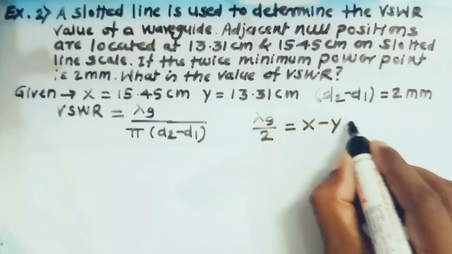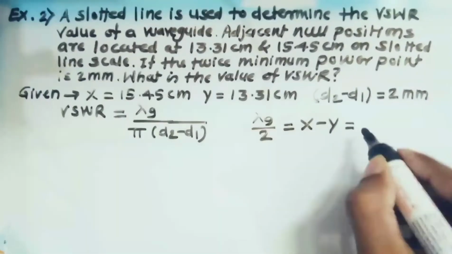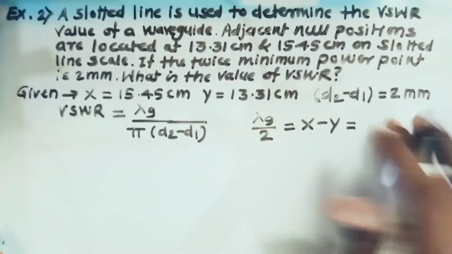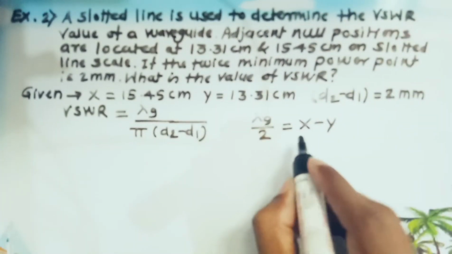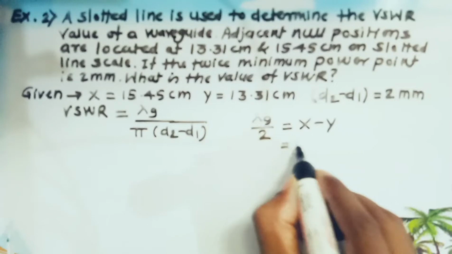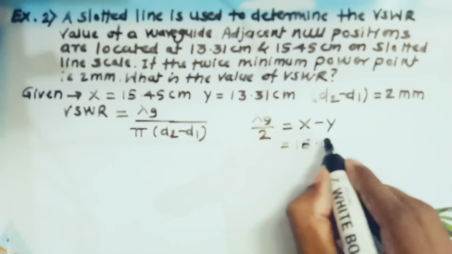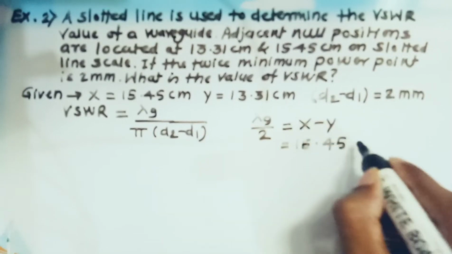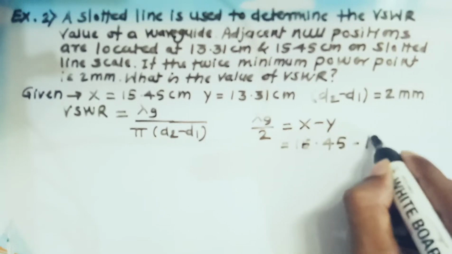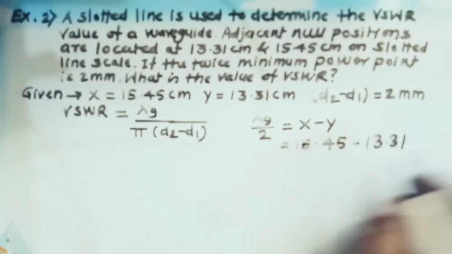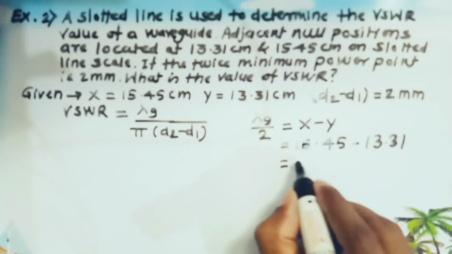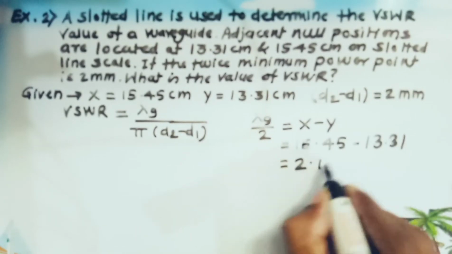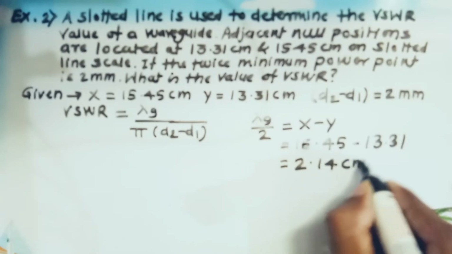If we find the difference of these two, that is x is 15.45 minus 13.31, this is nothing but 2.14 centimeter.